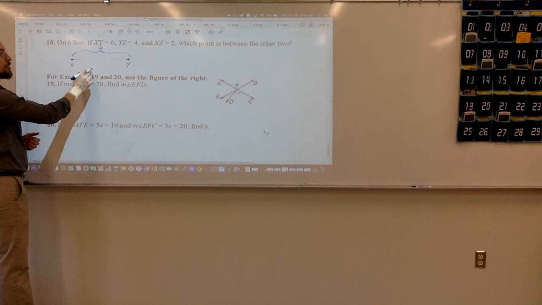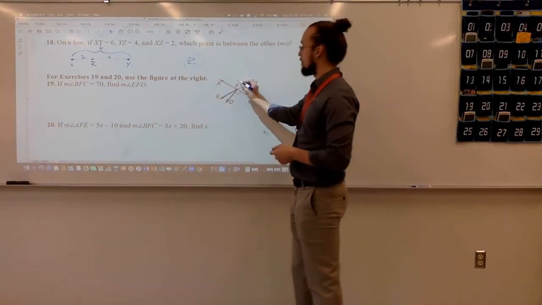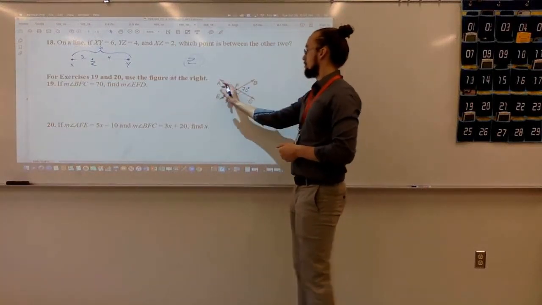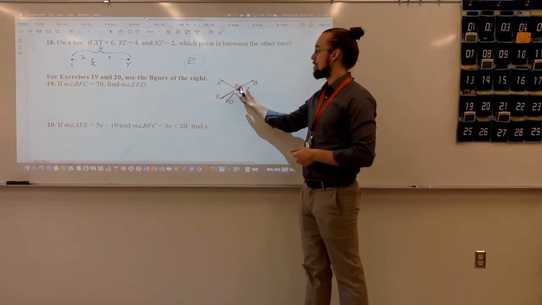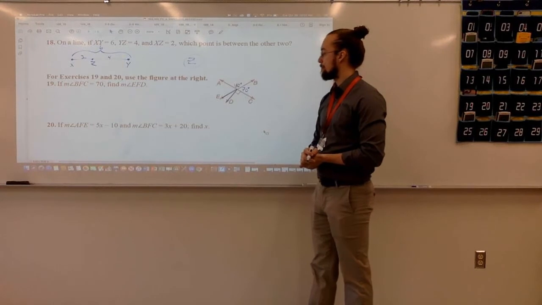diagram. So on number 19, I'm told angle BFC, which is this one right here, is 70. Then I want to find the measure of angle EFD, this angle right here. We can start filling in angles all the way around until we figure out a way to do it. If this is 70, this angle makes a straight line with angle 70, so this would be 180 minus 70, that'd be 110.